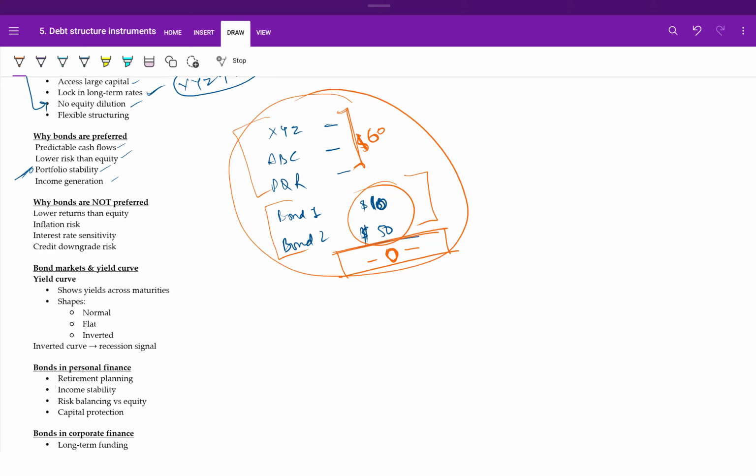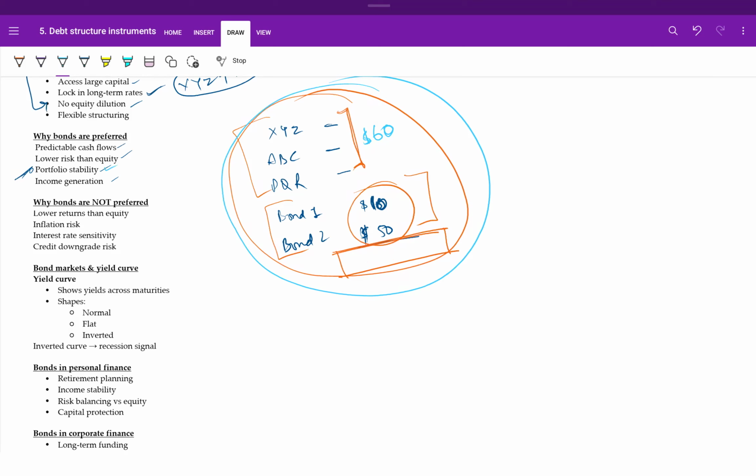But if the market is favoring equities, and you are having $60 of equity gain, this means you will have $120 of profit at that time. So this is how it helps in diversification. Portfolio stability: having bonds in your portfolio helps you with portfolio stability.